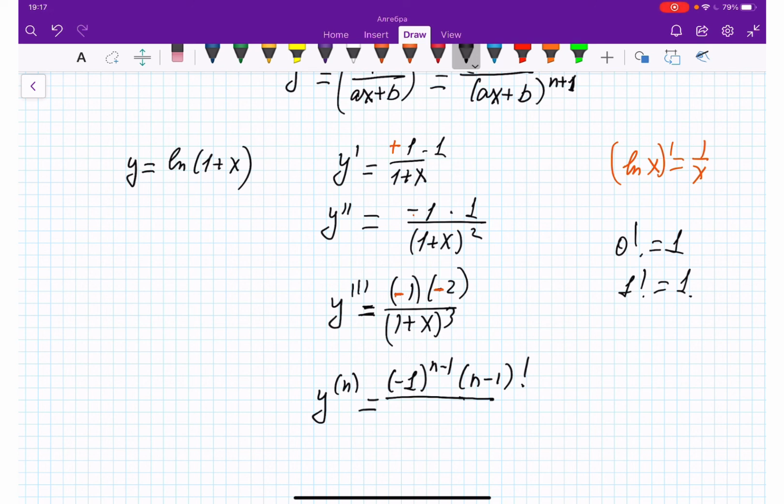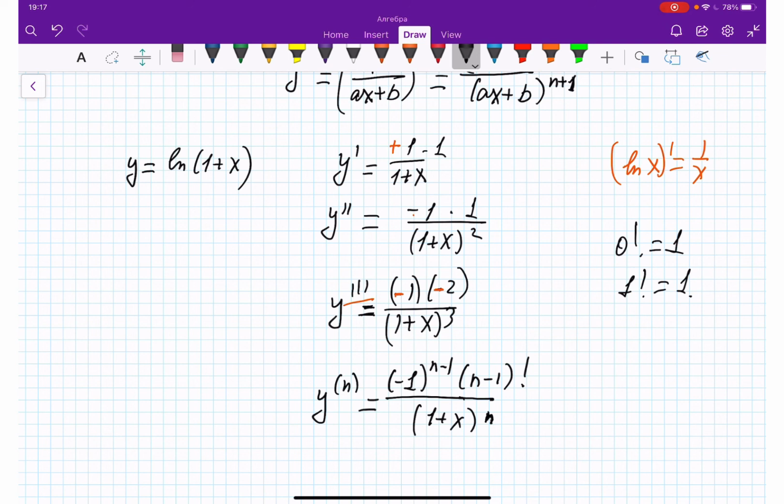The bottom line is this multiplication, this factorial, falls by 1 behind the nth order. Therefore, I wrote down n minus 1 factorial, and in the denominator we have 1 plus x to the power n.